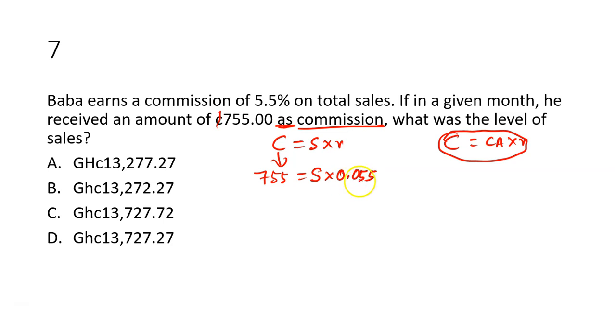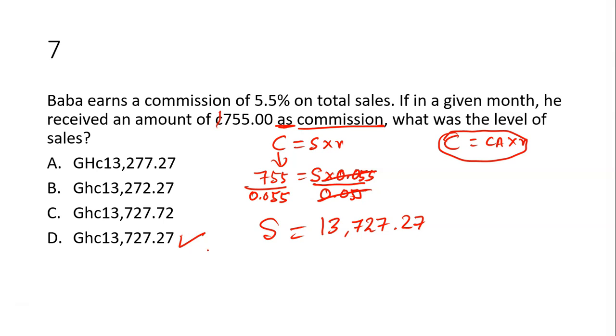So to get rid of 0.055, we divide both sides by 0.055, which is the coefficient of S. So this cancels this, and we have sales equal to 755 divided by 0.055, which gives us 13,727.27 Ghana cedis. So you have to be careful. The correct answer is D. Let's proceed to the next question.